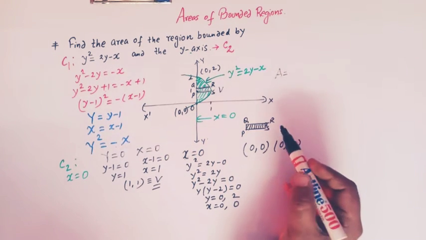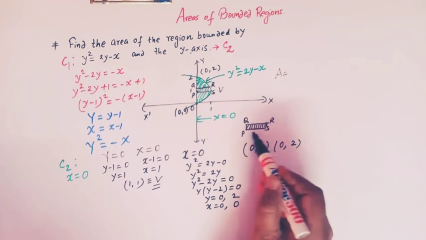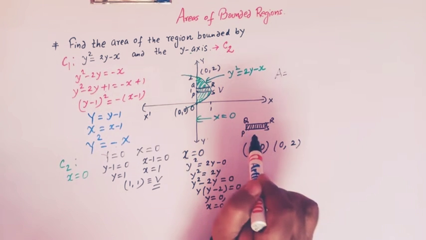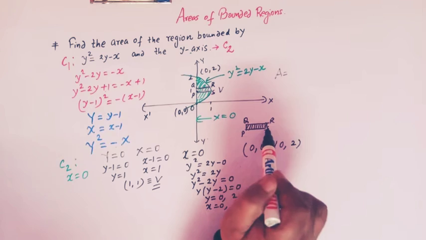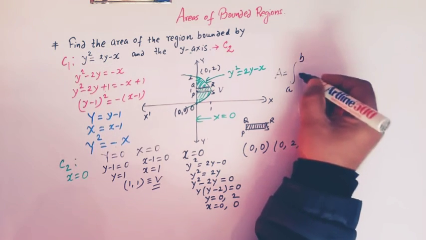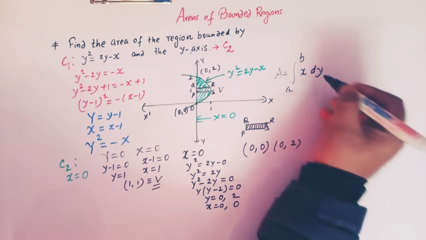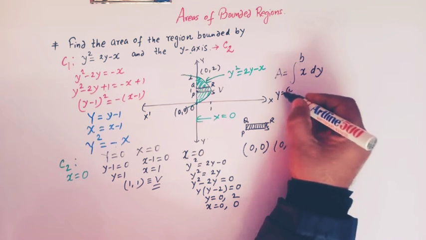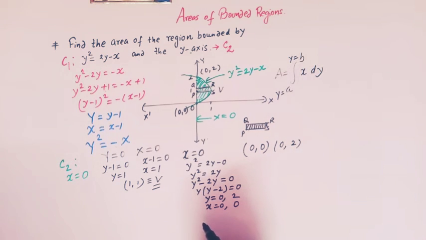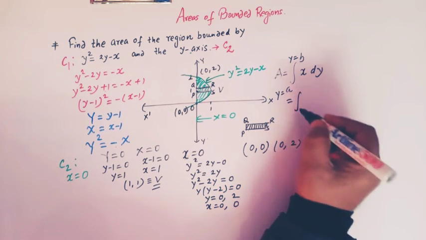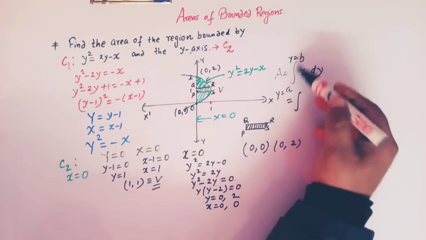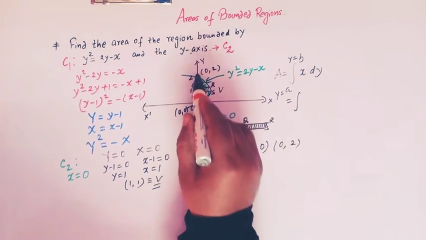And we know that when the bounded region is divided into horizontal strips, then the area is given by the integral from A to B of x dy, and the limits are from y is equal to A to y is equal to B. So here A is 0 because the limits vary from 0 to 2.